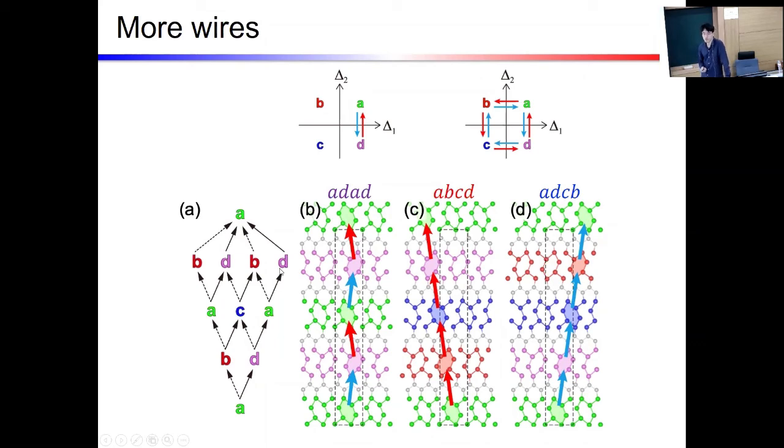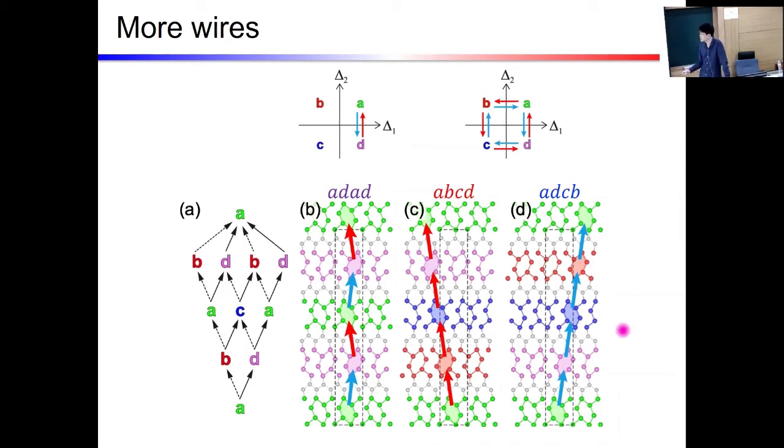Then we found the lowest cases are only three choices. One is that we repeat AD, AD, like here. The other one is to start from A, B, C, D, and come back to A, B, C, D. The other one is A, D, C, B, A, which is the opposite order. As you can see here, we can define another vector.